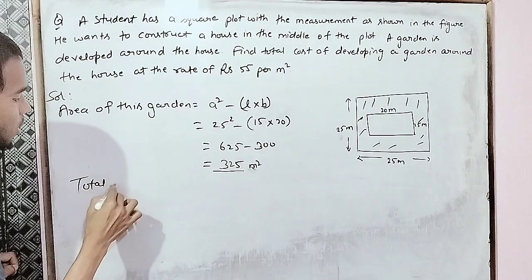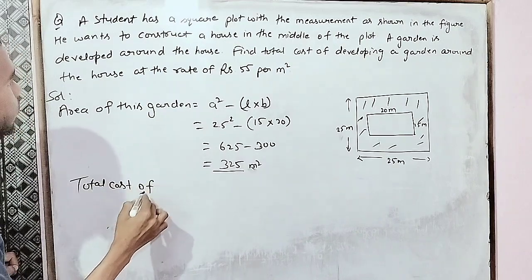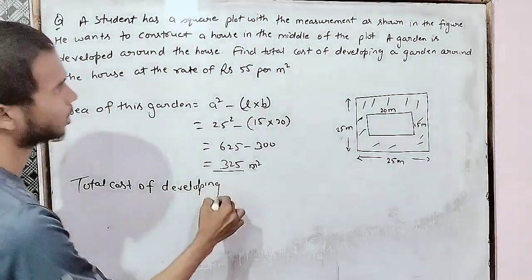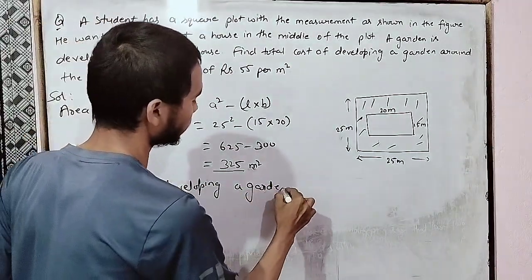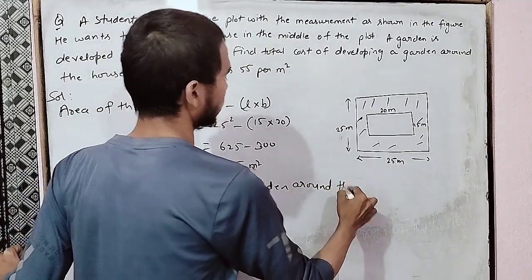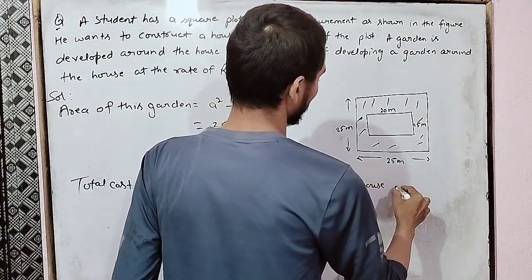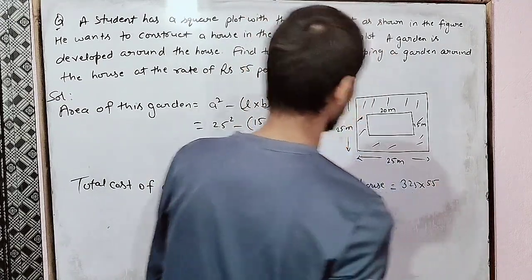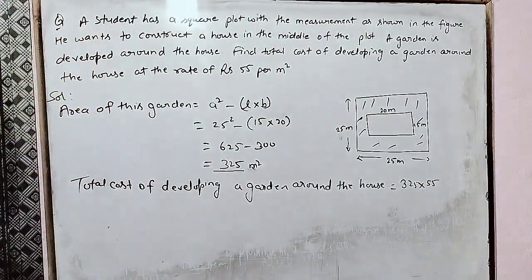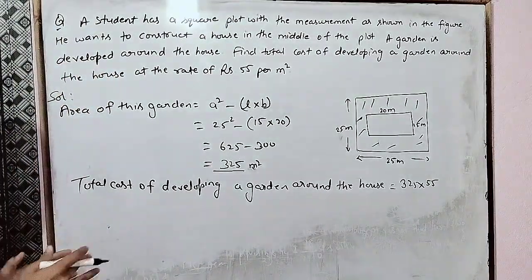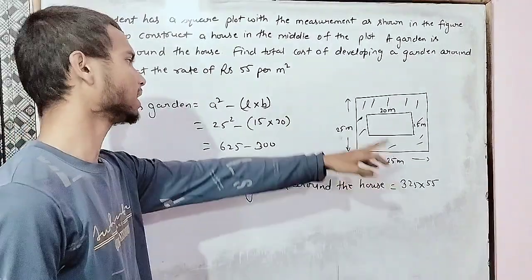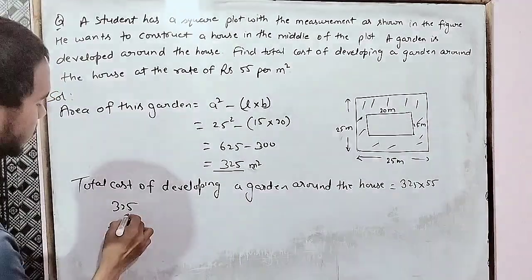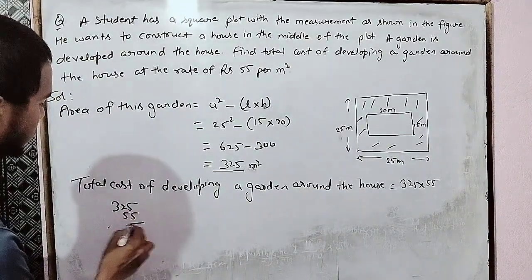So you can write the total cost of developing a garden around the house will be just 325 multiplied by 55. That will be the total price for developing a garden around this house.